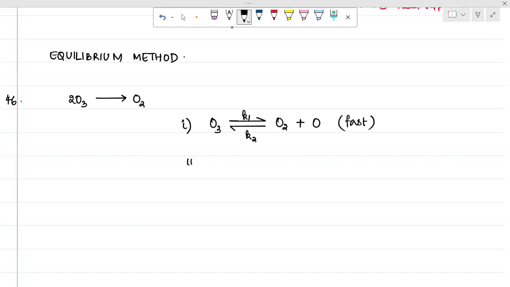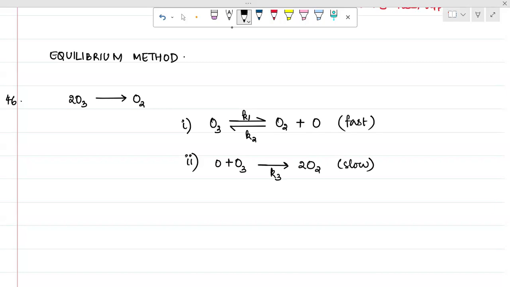In the next step, O again with O3 gives us 2O2. And it is said that this is slow. It happens with the rate constant of K3. This is the question.